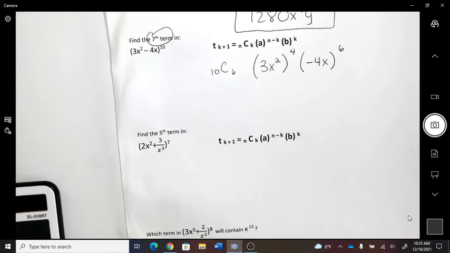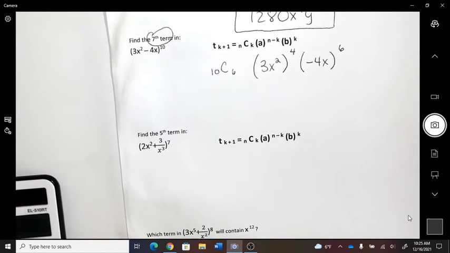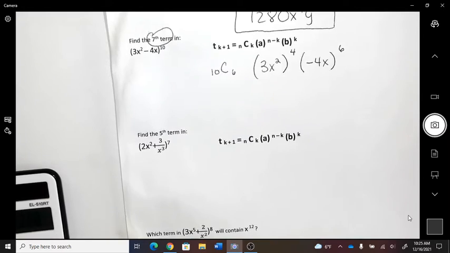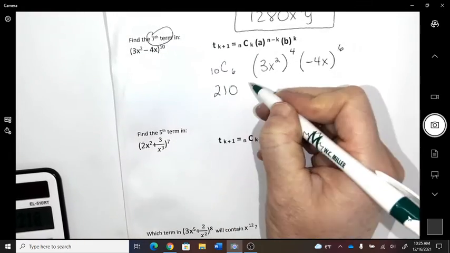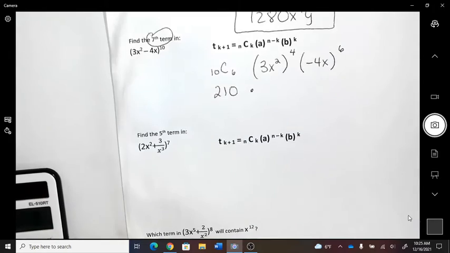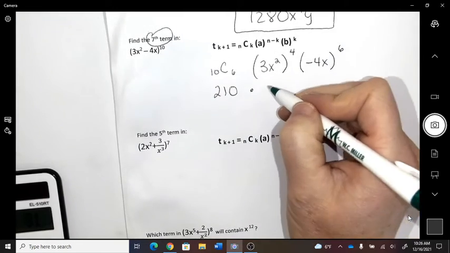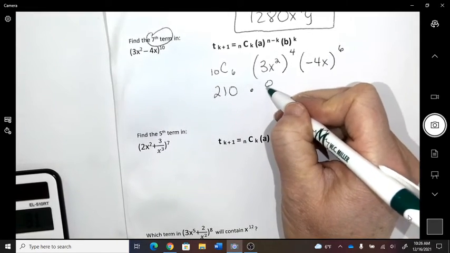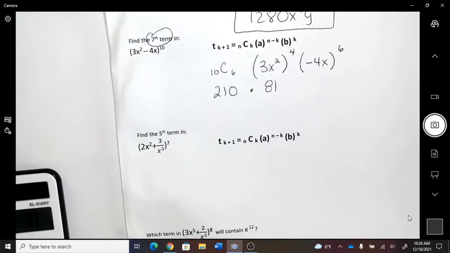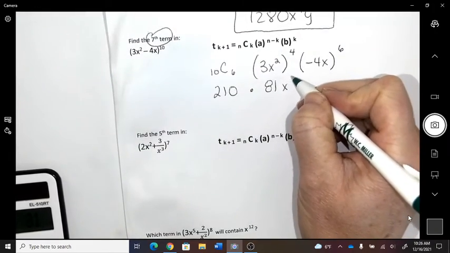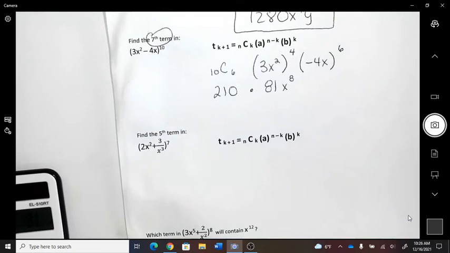Okay, so the rest is calculator stuff. So 210, 81, don't forget to do that, right? X to the 8th.